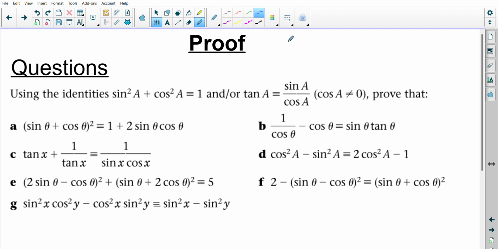So chapter 10 we're on. This is exercise 10C, and these questions are from question 5. So you can always be using the Active Learn textbook to look at the full work solutions and check how to do step by step by step.